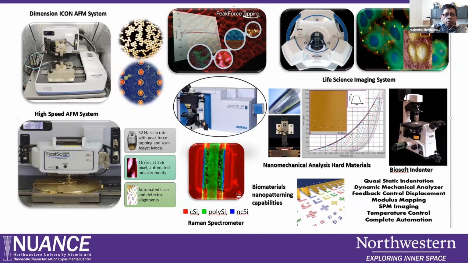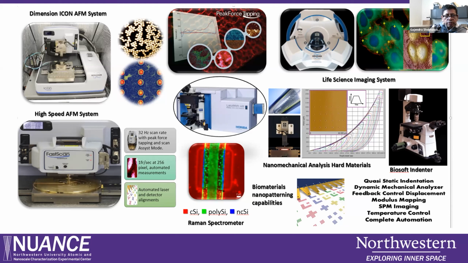Before I go there, here is a brief description of some of the instruments in the SPEED facility that we have in the Hanuman Center. At the top left, we have a conventional Dimension Icon system where you can do up to 12-inch wafers.